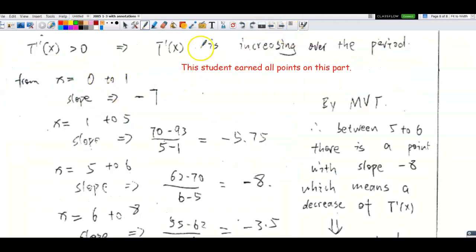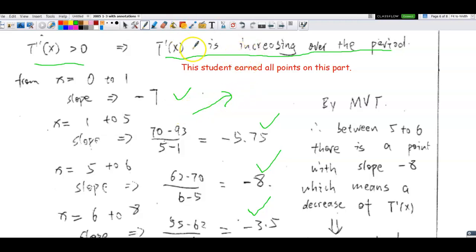What a student would likely do is what this one did. The student says if the second derivative is positive, then t prime is increasing over the interval. So the student found the average rate from 0 to 1, from 1 to 5, from 5 to 6, from 6 to 8. In other words, they just found all those average rates. And so from negative 7 to negative 5.75, that would be an increase, so that wouldn't break the assertion.